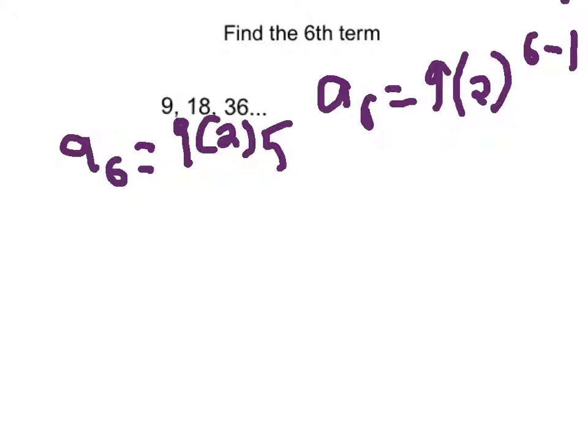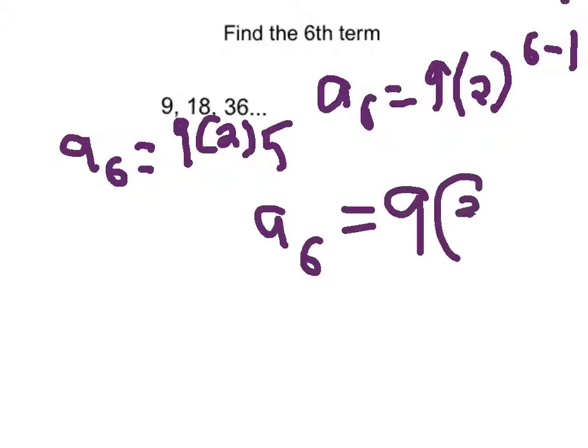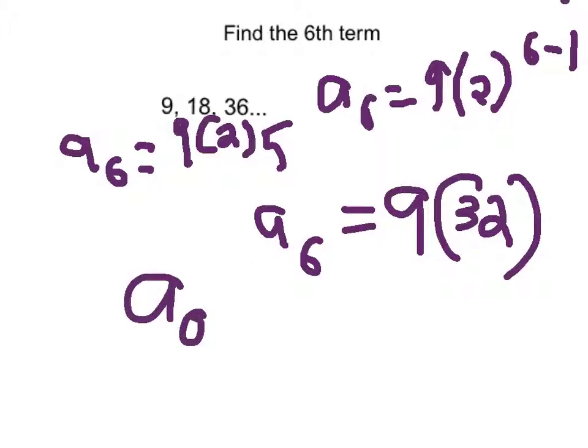So our new equation is a sub 6 equals 9 times 32. Then you just do the math and you get your answer. Your answer is a sub 6 equals 288.